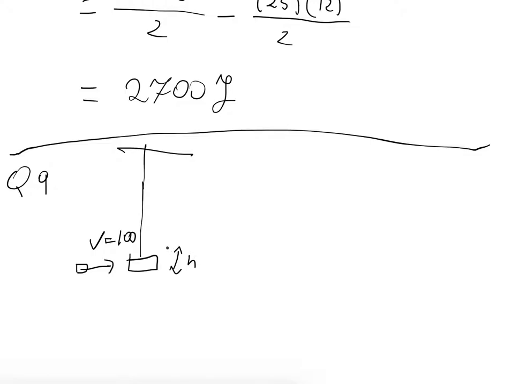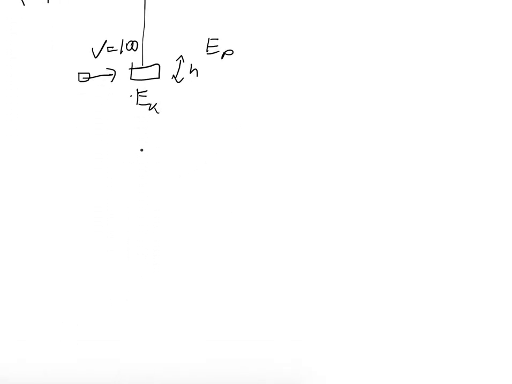So in this case we're going to again apply the principle of conservation of momentum and the principle of conservation of mechanical energy. The mechanical energy tells us that the kinetic energy over here has to be the same as the potential energy as the two objects joined together move up. So what I now need to find out is the kinetic energy of this object, and then get the potential energy afterwards.